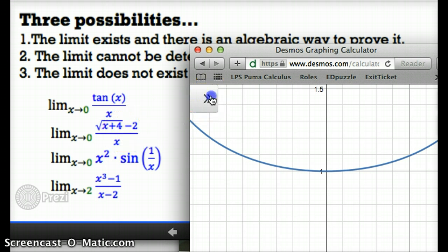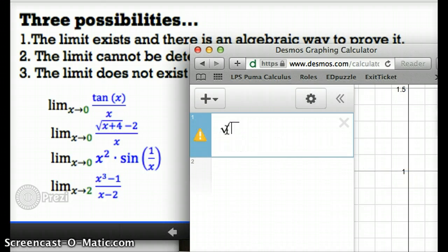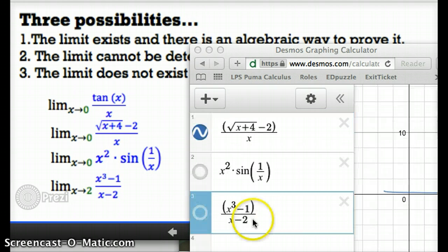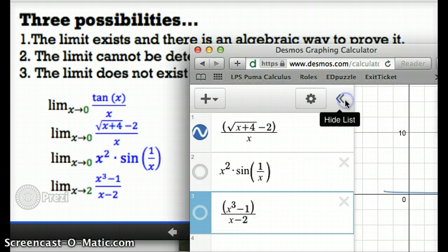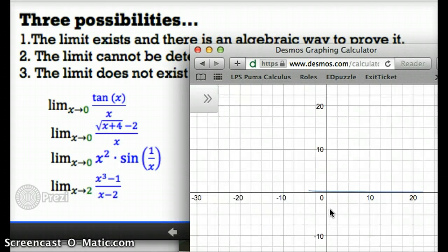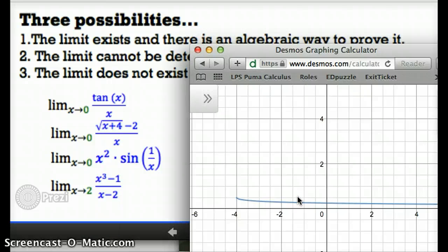Similarly for the second one, here's what the second graph would look like. So I've got my function here, and this function looks like it's a really narrow one. It's got that curved square root shape, which makes sense to me.